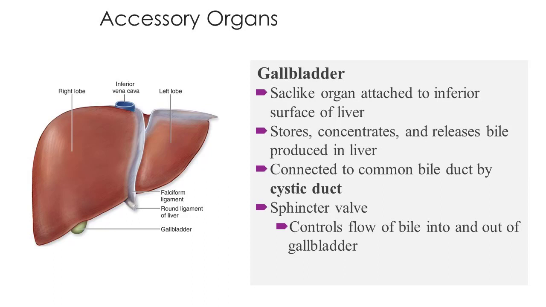Emulsification means you take a big glob of fat and you break it into a lot of small globs of fat. You've seen the dishwashing commercial where you have all the fatty stuff at the top surface, and you drop a drop of that detergent in and it all separates.